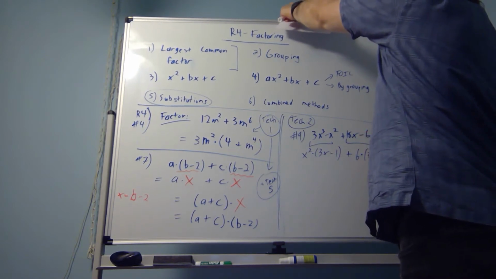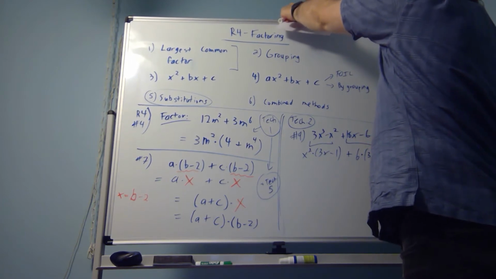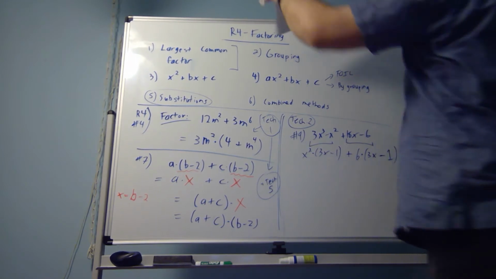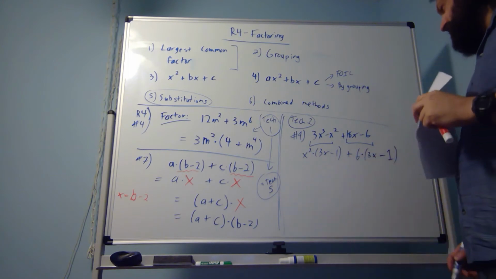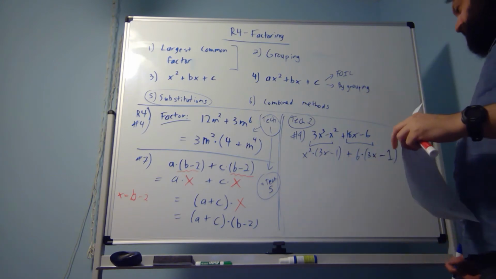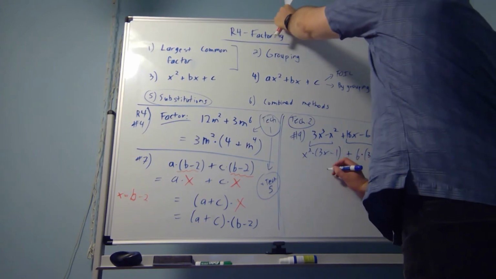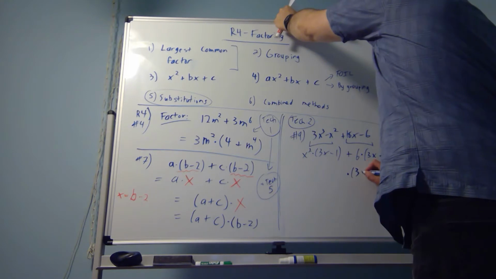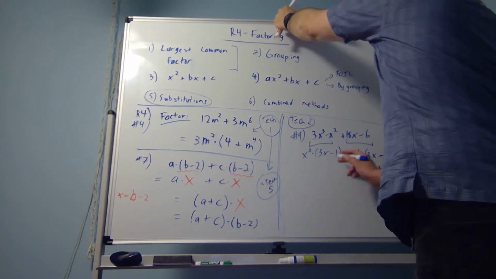This is 6 times 3, and there's an x for that term. This one is not positive 6, it's negative 6, so a negative 1. And just like problem number 7, that's kind of a warm-up for this kind of problem. If you do a couple of these, you start to see the pattern and realize that the thing they have in common now is this expression, 3x minus 1, for both terms.